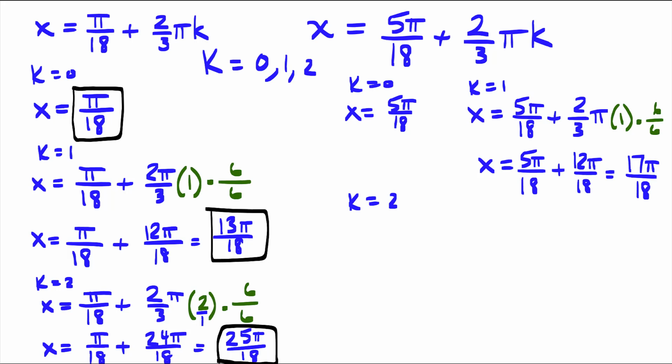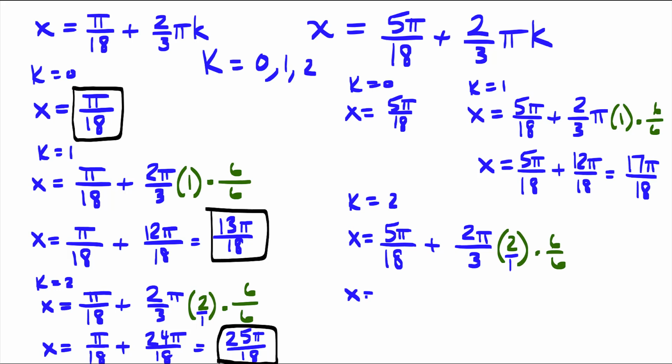Whew, last one, here we go. k is equal to 2. Just like we did on the previous one here, let's plug it in. 5 pi over 18 plus 2 pi over 3 times 2, technically 2 over 1, and then I need my common denominator again, so how about 6 over 6?